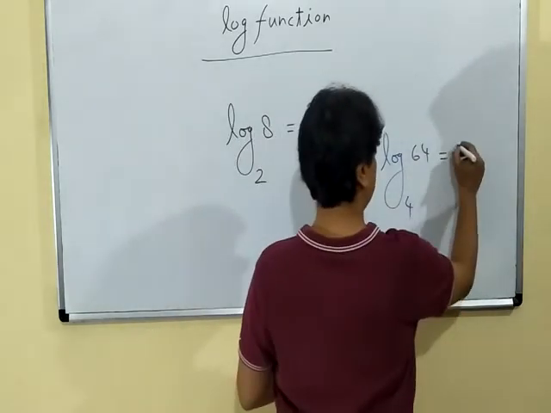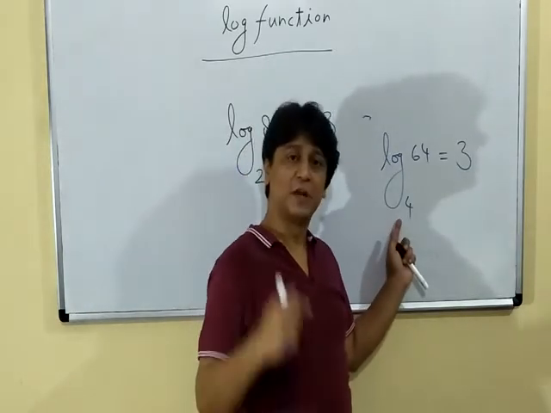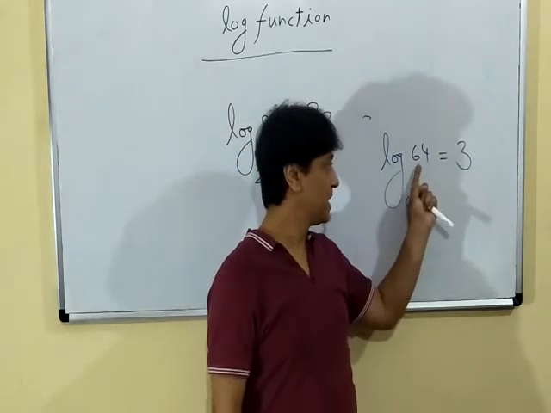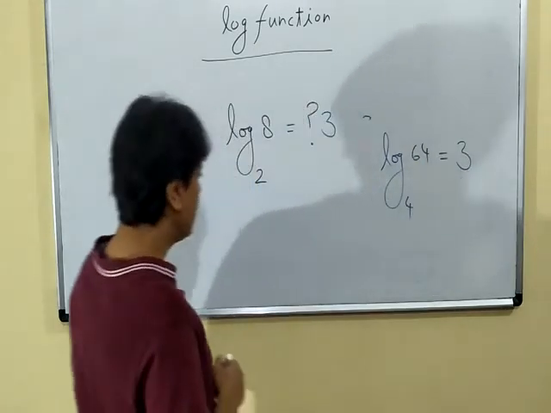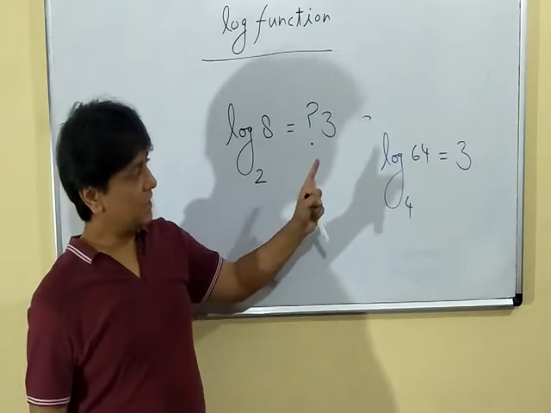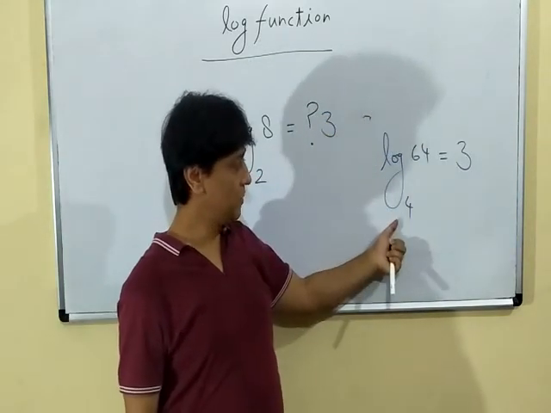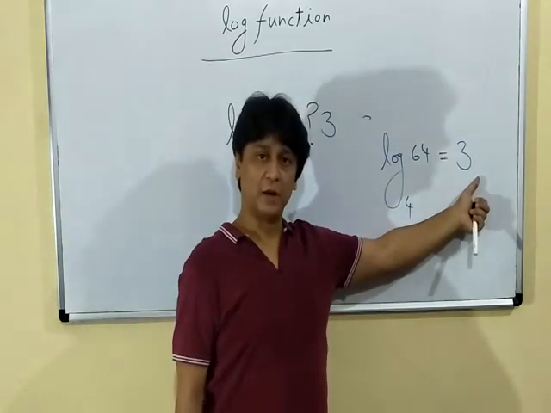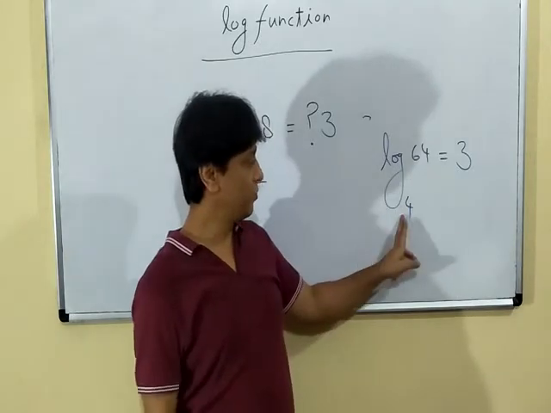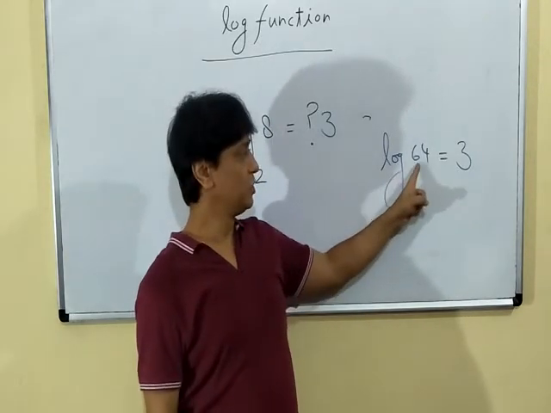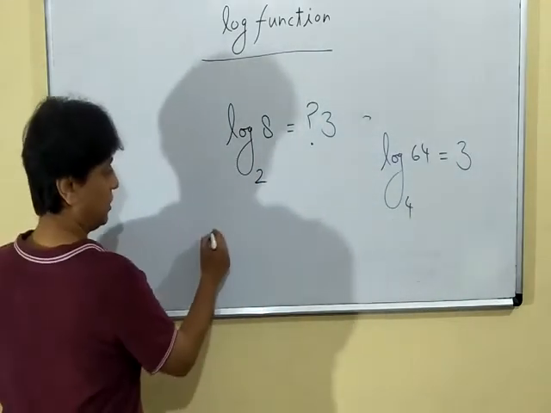You know that power is what? 3. Log of 64 on 4 base is equal to 3. ये तो हुआ रीड करने का तरीका. सॉल्व करने का तरीका, 4 पर कितना पावर रेस करें ये पूरी चीज क्या बन जाए? 64. Let's take another example.